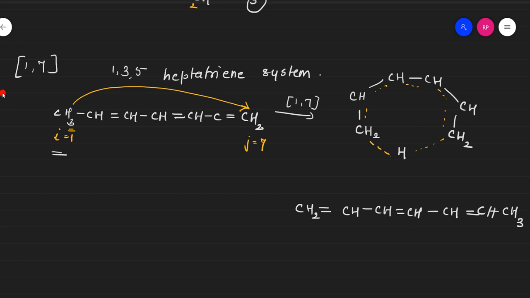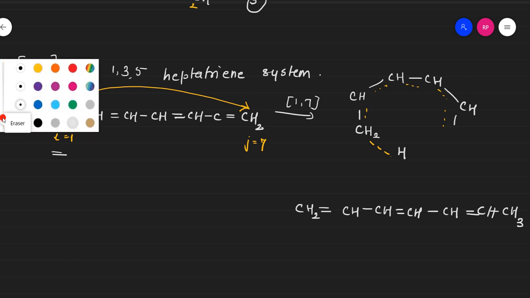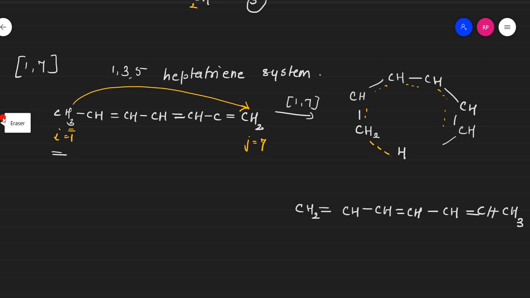1 2 3 4 5 6. Okay, one carbon was less. This is your cyclic transition state.